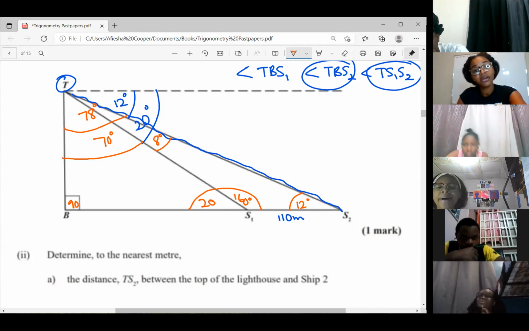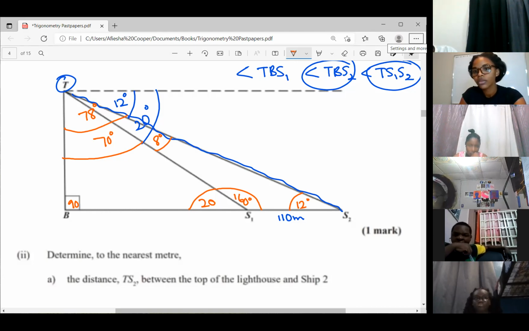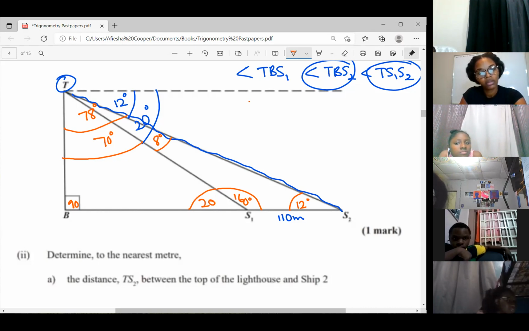We have sine rule. Sine rule says a matching pair. What are my matching opposites? Angle S1 T S2 and the line S1 S2.